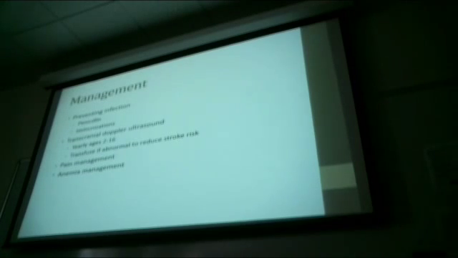Let's reduce the risk of stroke as much as possible. And there's going to be pain management. I mean, these patients, from children all the way through, are going to deal with some amount of pain, either the pain of the crises, or later on as the chronic pain increases. And you're always going to watch them for anemia.